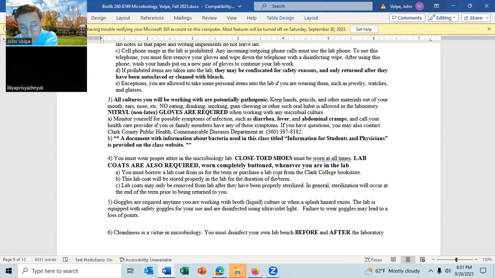At the end of the lab, you will set it aside and put your name on it. It will be autoclaved and then washed, and then set aside for you to come and pick up after the term ends.